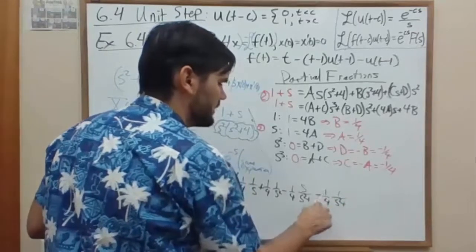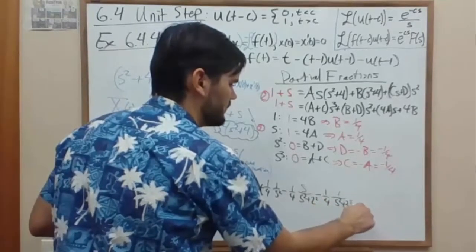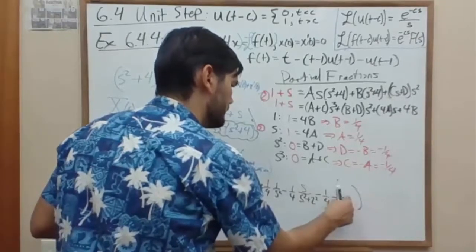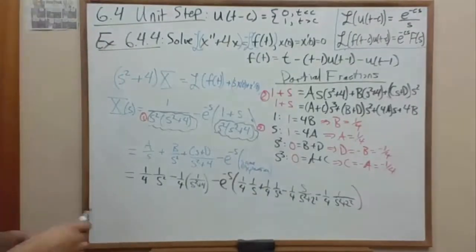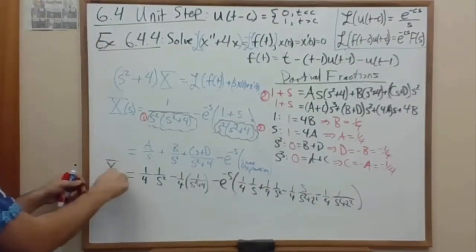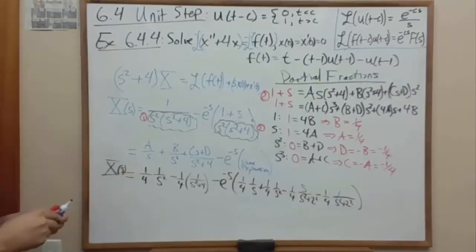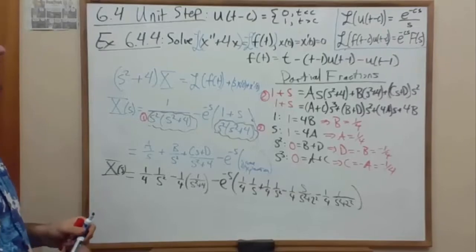And these plus 4 I need to think of as a 2 squared. Okay, so now let's transform back.